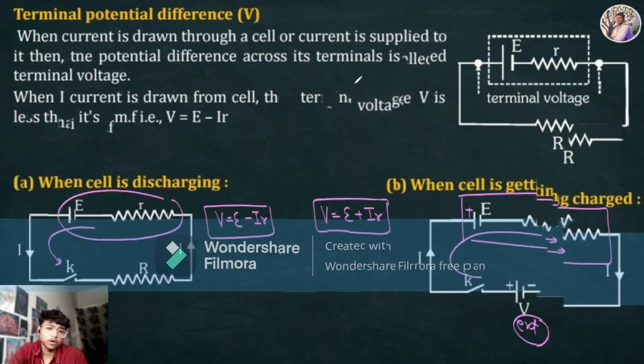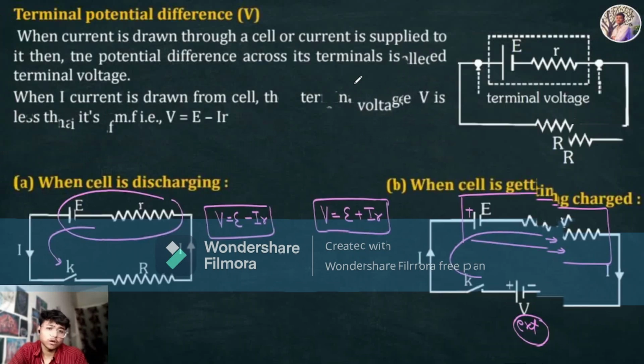If there is a voltage with plus and minus, going from here to here is taken as negative, as there is a drop in the potential. If it is the opposite, it will be taken as plus. And if the current is in the direction of the loop, we take it as minus. If the loop and current are opposite, it is taken as plus.